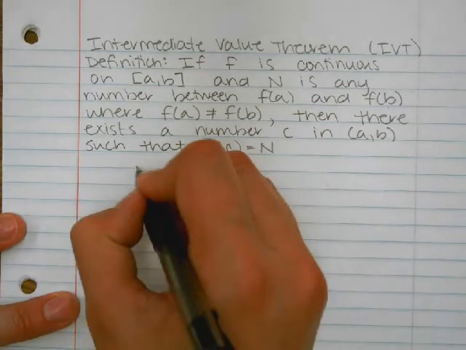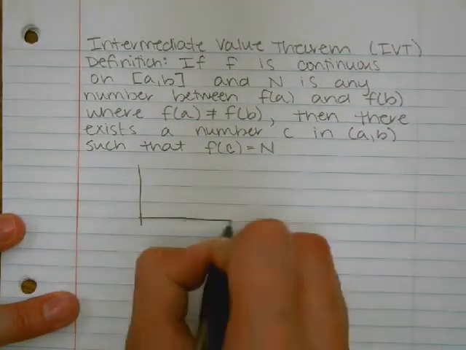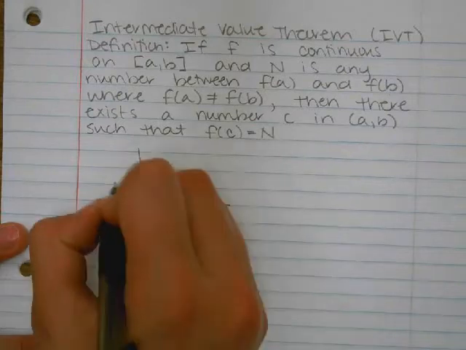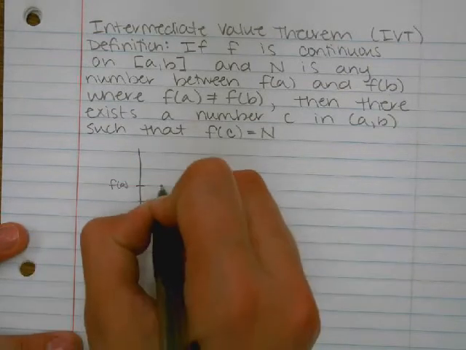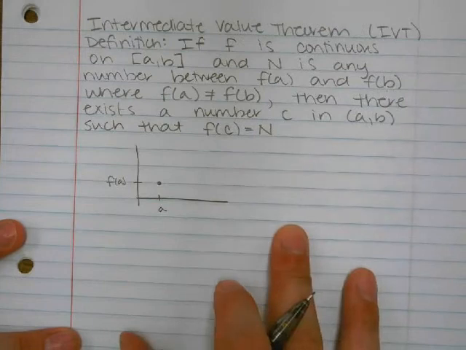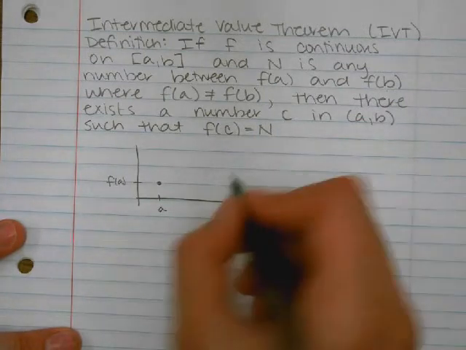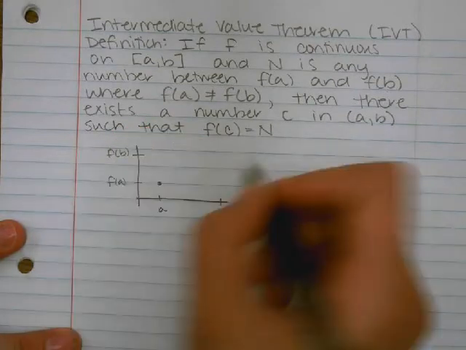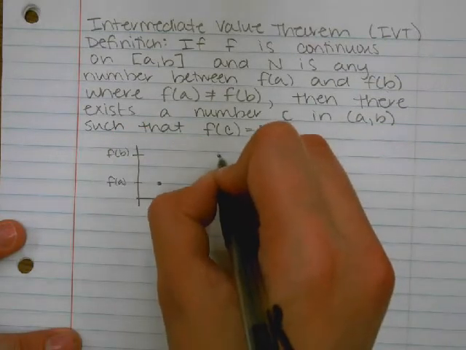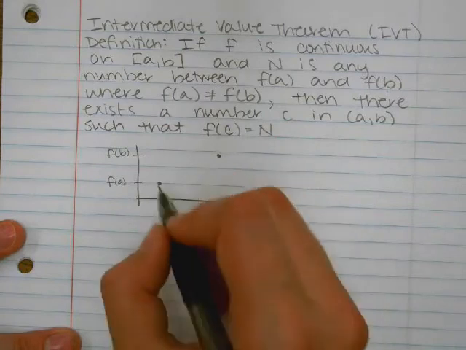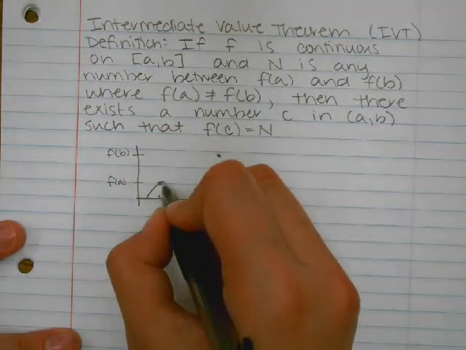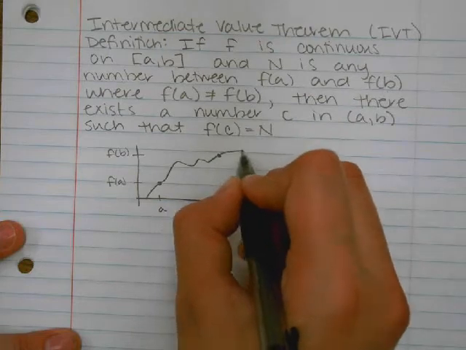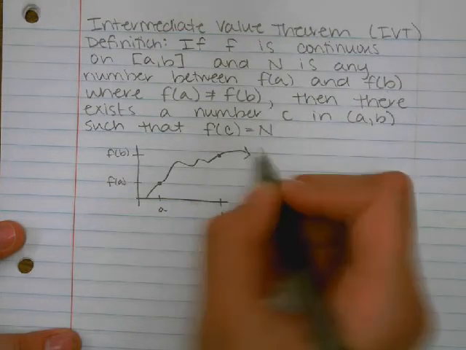We're going to draw a little sketch of this because that's really weird. If I plug in a, I get f of a. There's my x-coordinate and my y-coordinate. And if I plug in b, I get f of b. Then something happens where it can go up and kind of, yeah, something like this, some weird curve.